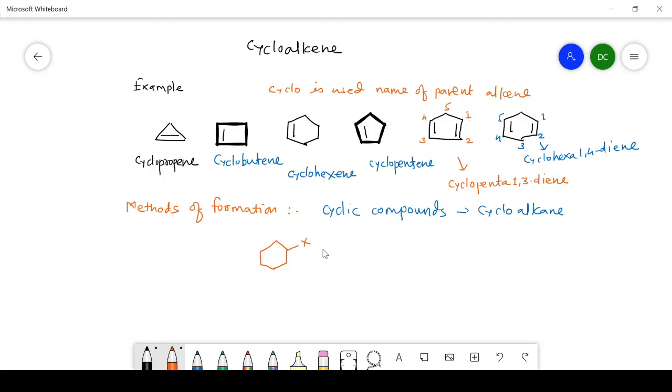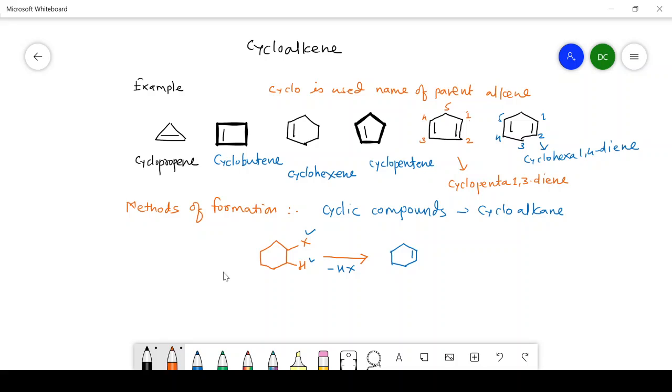I will write here X along with the hydrogen from the neighboring carbon atom, and depending upon the reaction condition, these two groups, X and H, are eliminated as HX, and there is a formation of a double bond between these two carbons, and finally we get a cycloalkene. This is the similar strategy which is used in all methods of formation.